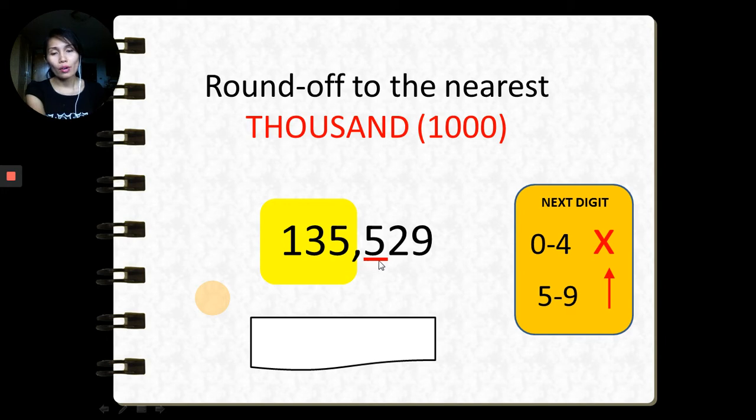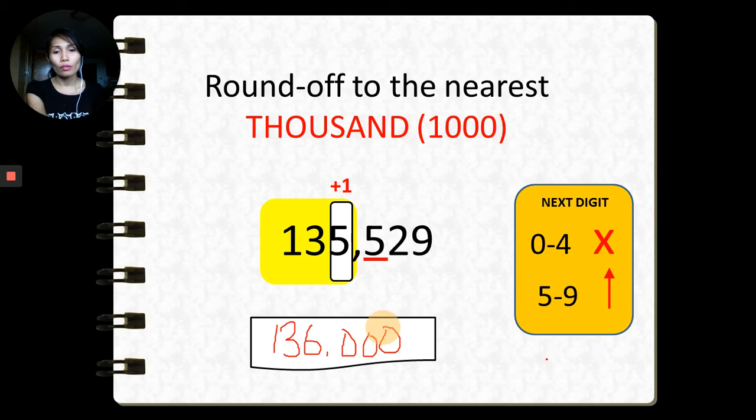The next digit to the thousands place is 5. Then that means we have 5 plus 1, so that becomes 6. So 1, 3, 5 becomes 136 because we added 1. And then all the digits to the right will become 0. So that's how we round off this number.